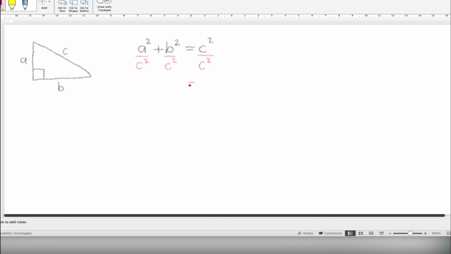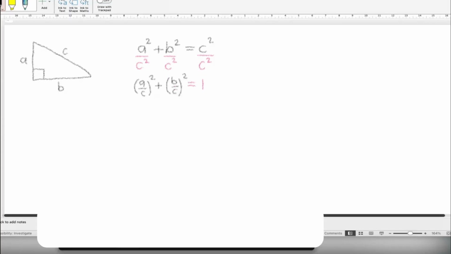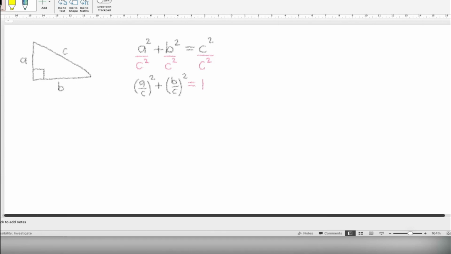Now, c squared divided by c squared is equal to 1. So here I have a squared divided by c squared, which I can rewrite as a divided by c, squared. And b squared divided by c squared can be rewritten as b divided by c, squared. Okay, so I have (a over c) squared plus (b over c) squared is equal to 1.